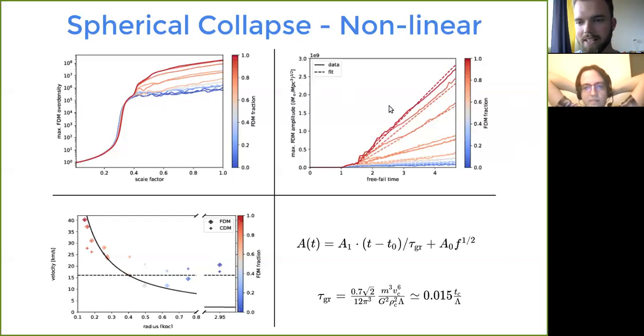On the right-hand side, which is basically the same, but just represented differently. So now we have the maximum fuzzy dark matter amplitude, so the square root of the density, and we use a linear scale here for the y-axis, and we parameterize it by the freefall time. Other than that, it's basically the same plot, just represented differently.